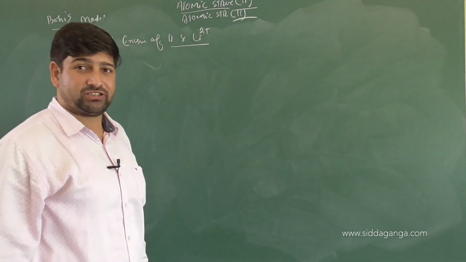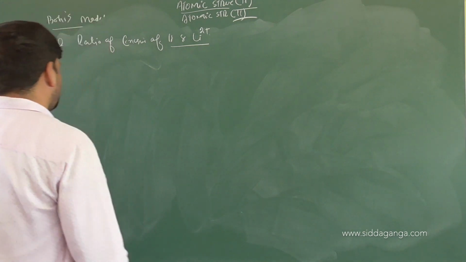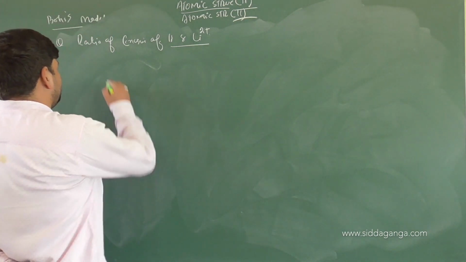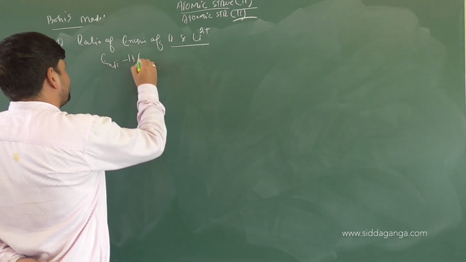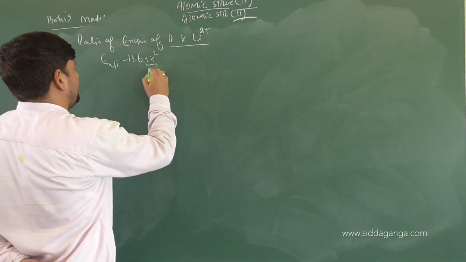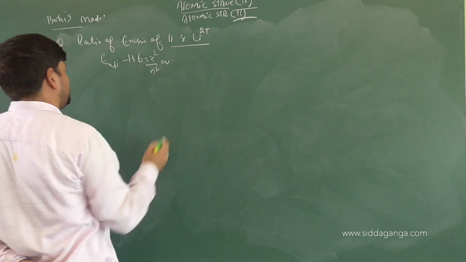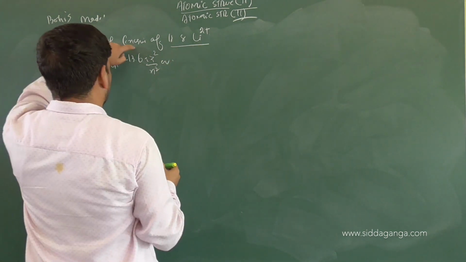Hydrogen or hydrogen-like species. Good. Now we know energy value. What is energy of nth orbital given by? Minus 13.6 into Z square by n square electron volts. We can write down a simple ratio of energies.